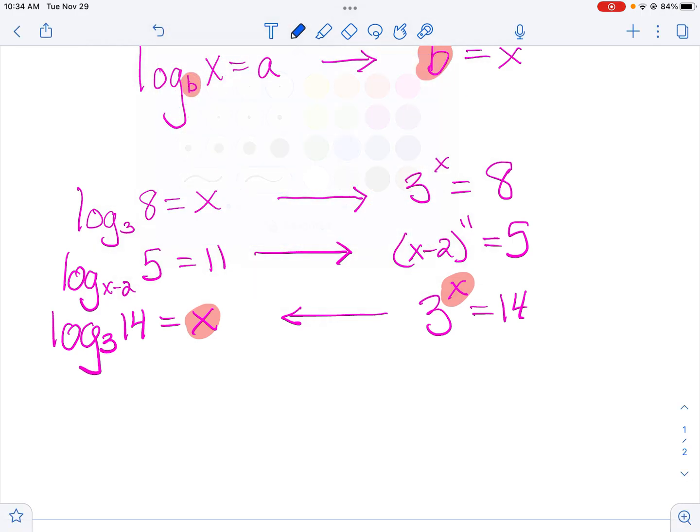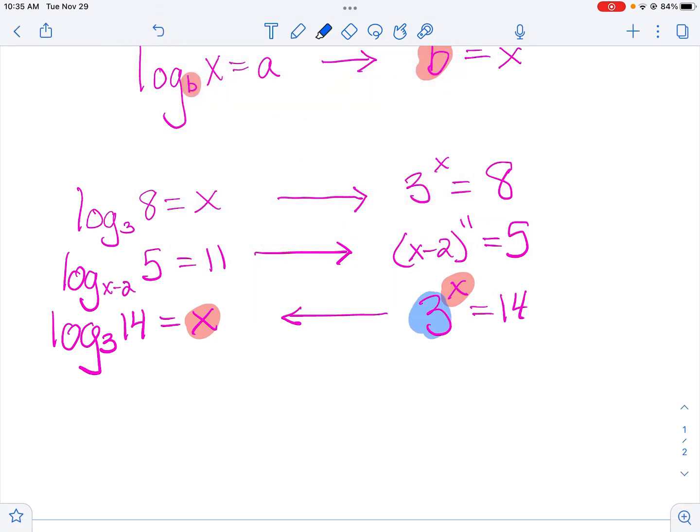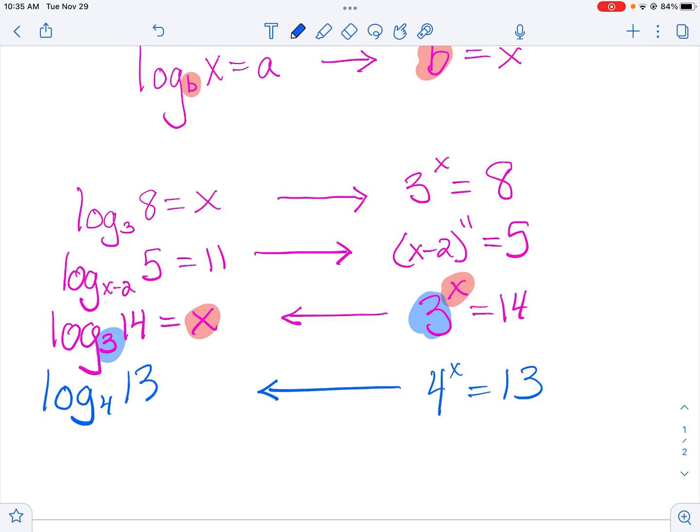And then once again, our base stays our base. Then we could also say, let's say I had 4 to the x equals 13. So going the other way, that would be log base 4 of 13 equals x.